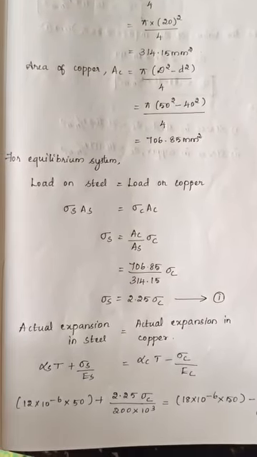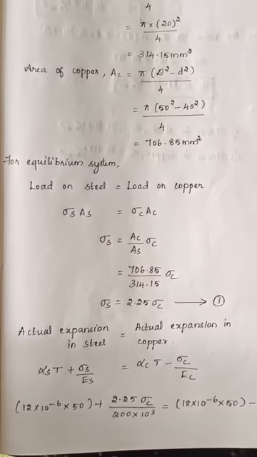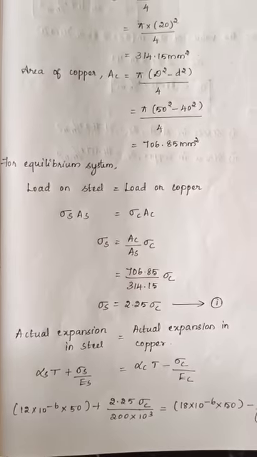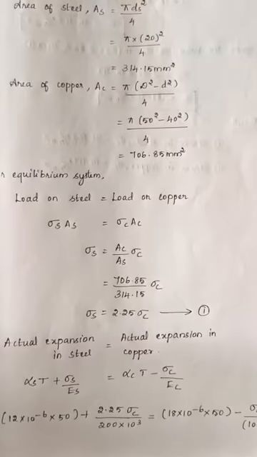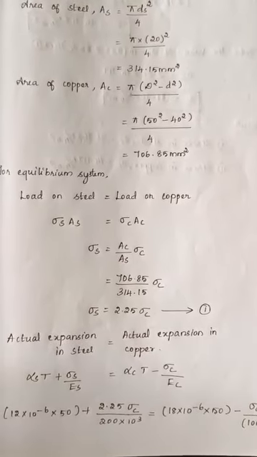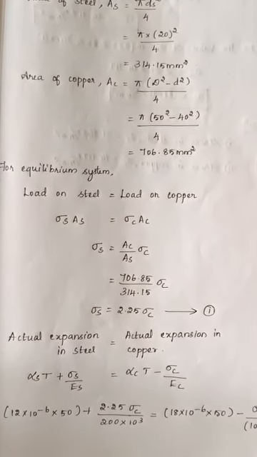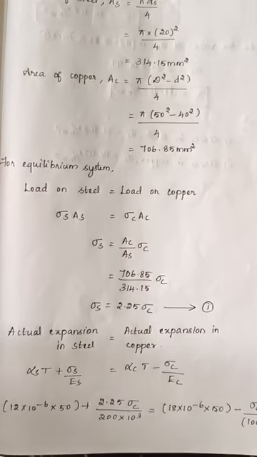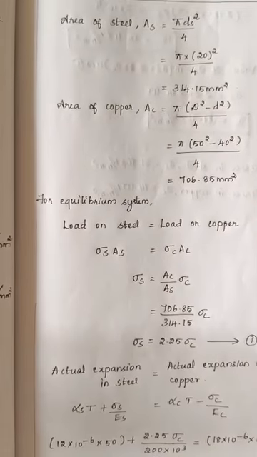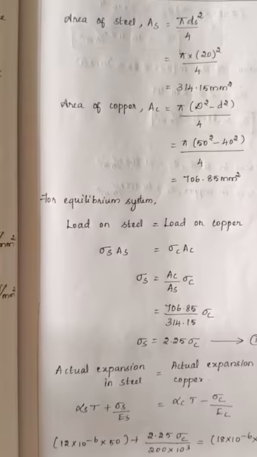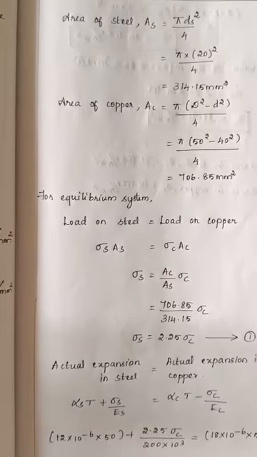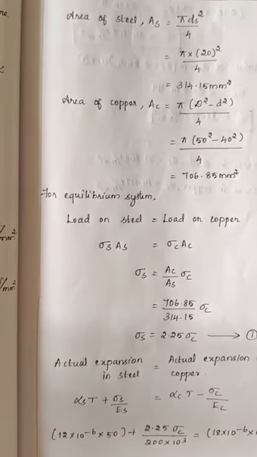Then for equilibrium of the system, load on steel is equal to load on copper. Same like that, axial expansion in steel is equal to axial expansion in copper. Load is calculated from the relation stress is equal to load by area. From that, load equals stress into area.